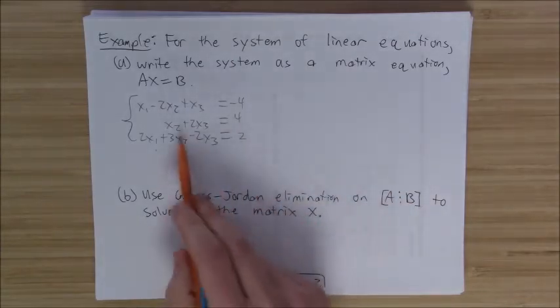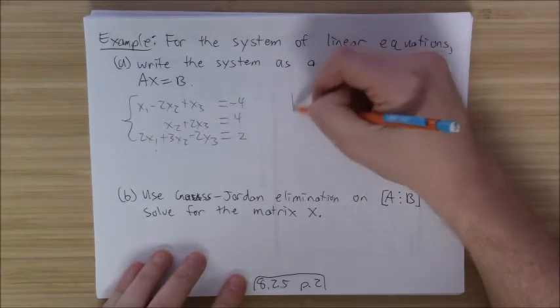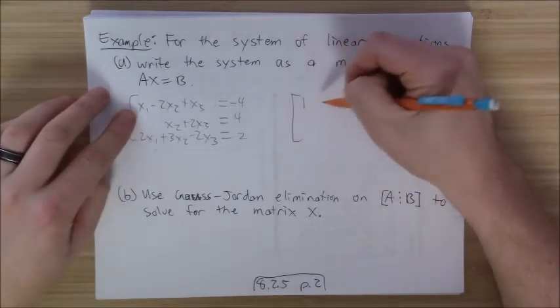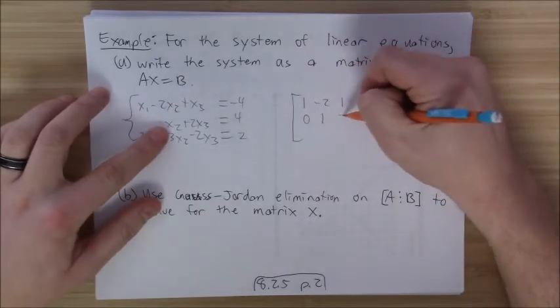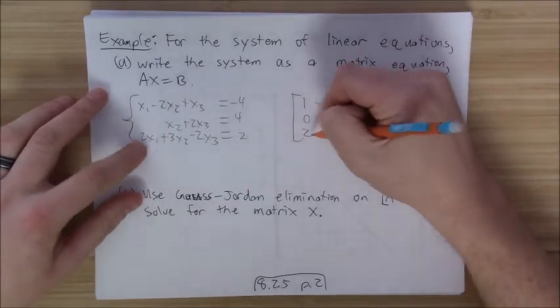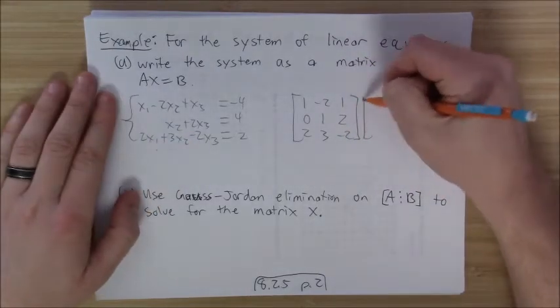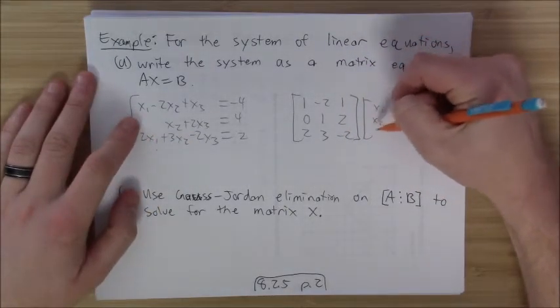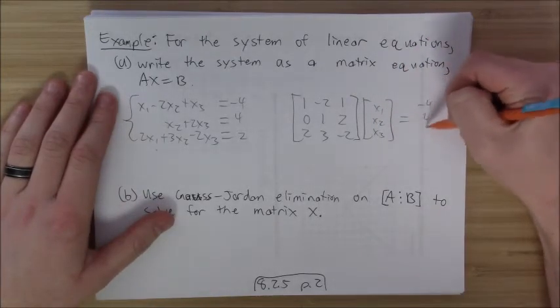And for this system, we know that we can write this as the matrix equation [1, -2, 1; 0, 1, 2; 2, 3, -2] times [x1, x2, x3] equals [-4, 4, 2].